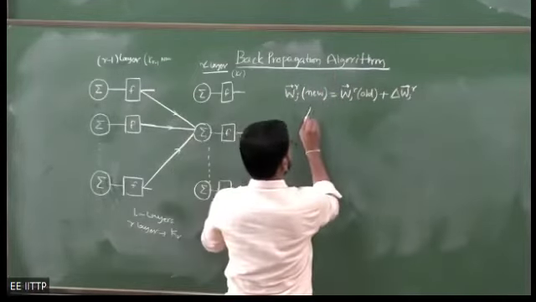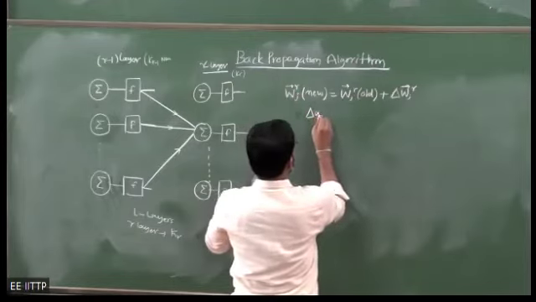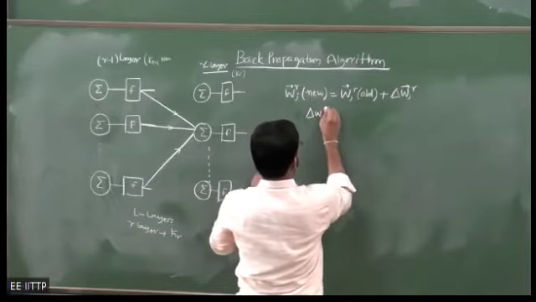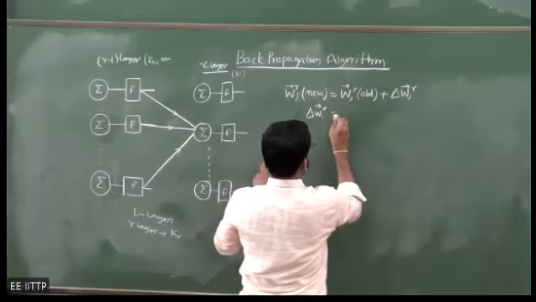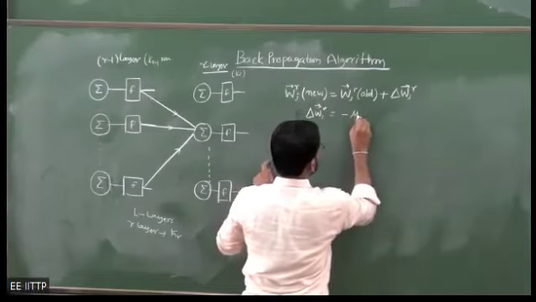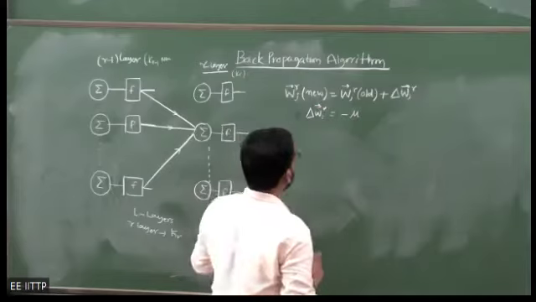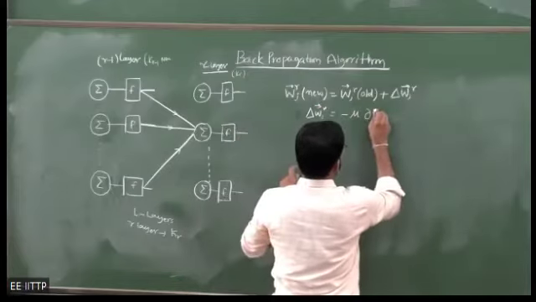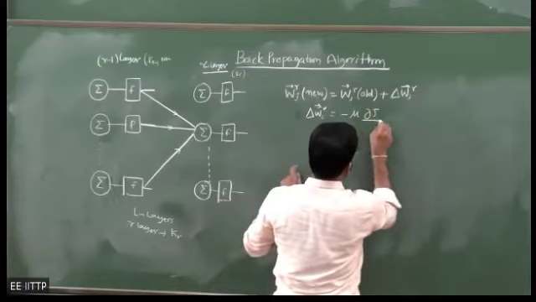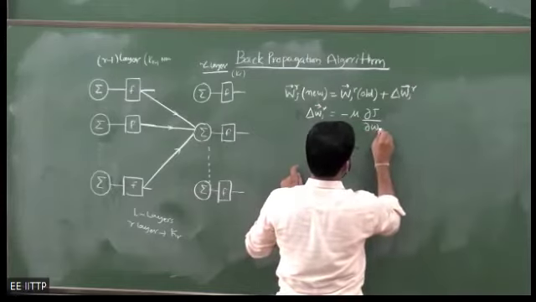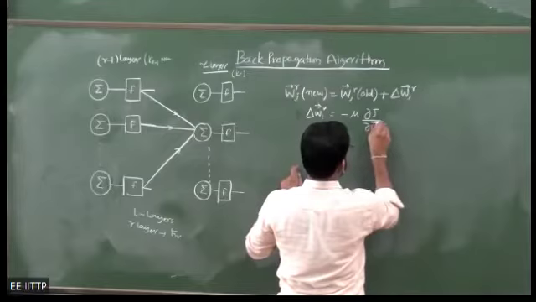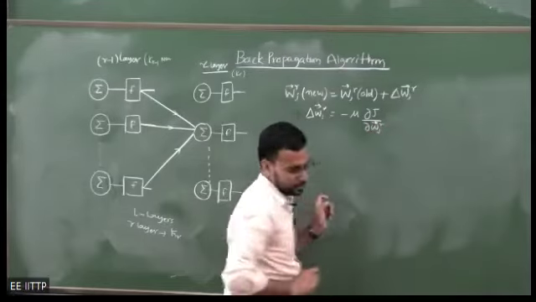So how do you get this? Delta W subscript j superscript r whole bar is equal to minus mu into, very good, dou J by dou W j r bar. This should not surprise you.